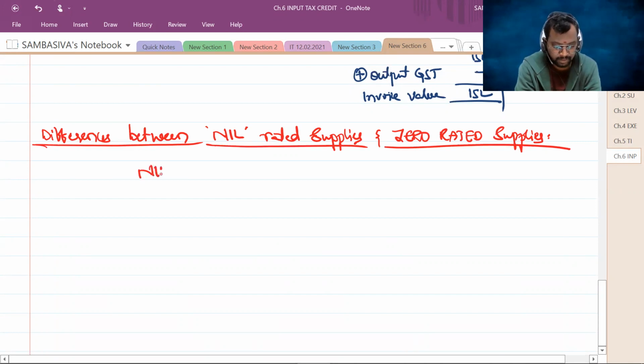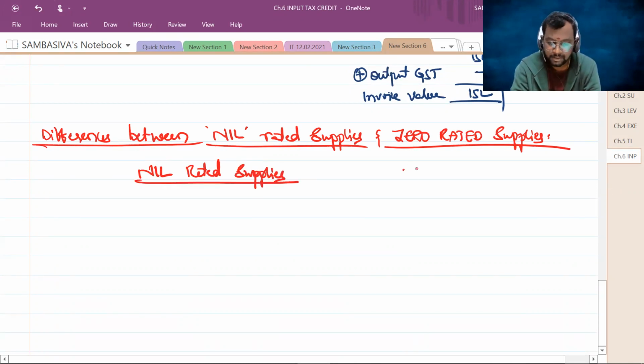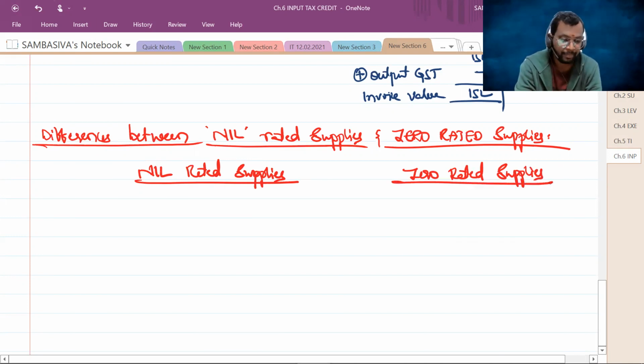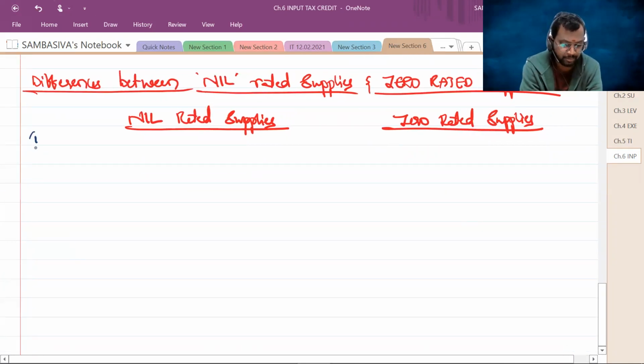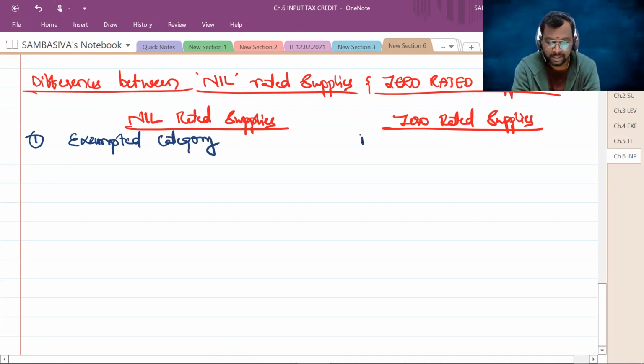Nil rated supplies are covered under the exempted category, and zero rated supplies are covered under the taxable category.